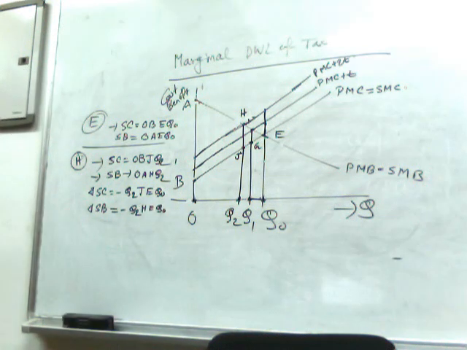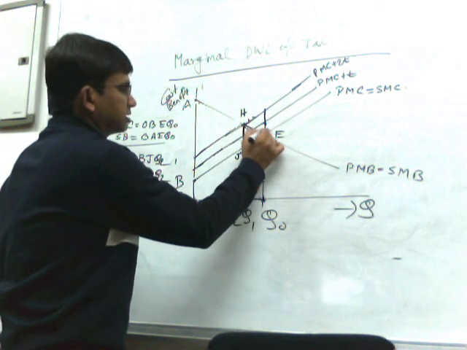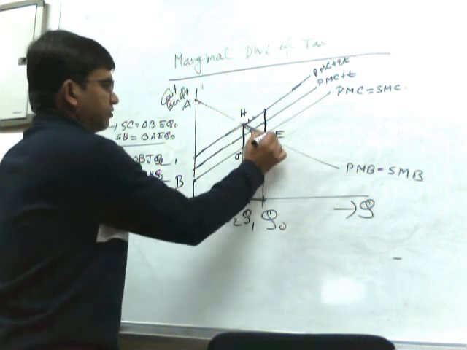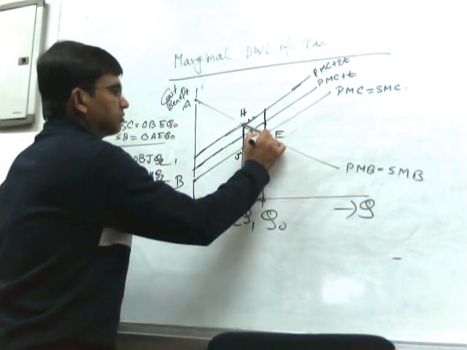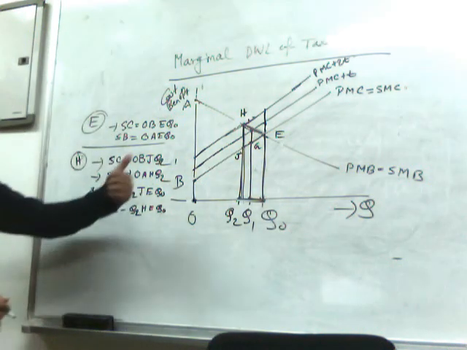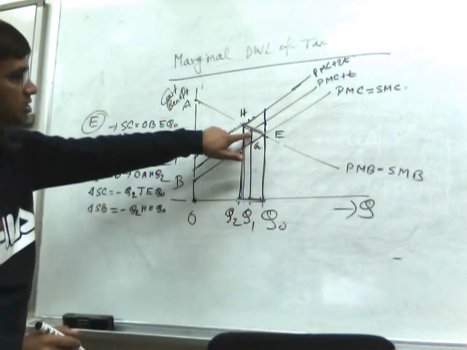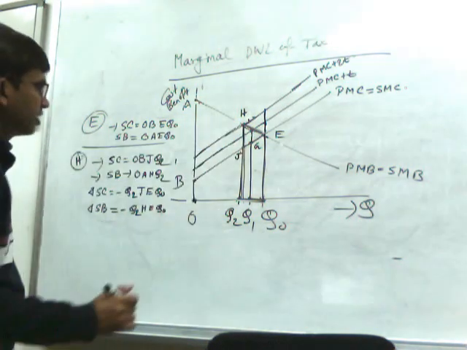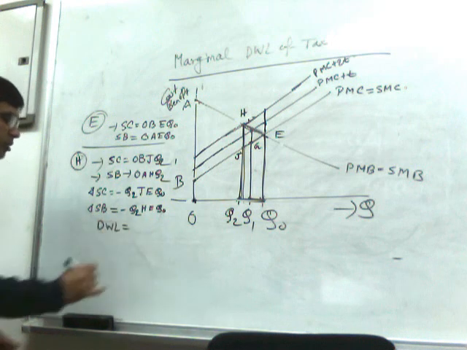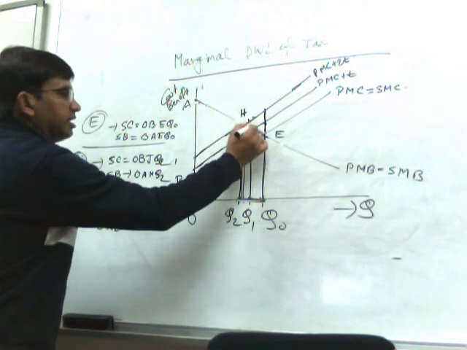So this is my decline from movement from E to H. This is my total decline in social benefit, and this is my total decline in social cost. So the difference between the decline in social cost and social benefit is that there is additional decline in social benefit, to the extent that now the DWL, deadweight loss, will be given as the area of the triangle EHJ.